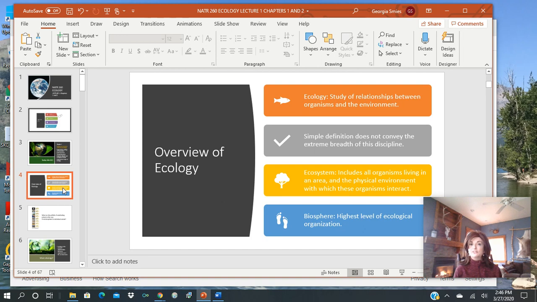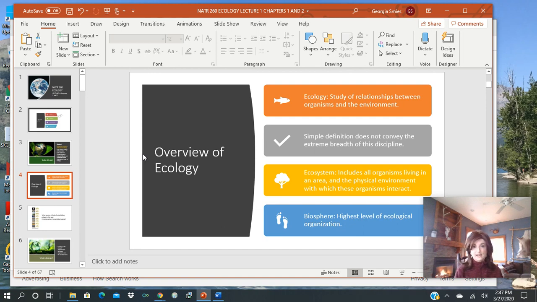The simple definition just doesn't really begin to evoke just how complex it can be to look at entire populations and communities of animals and plants and how they interact. It's getting easier. There's new techniques and new technologies that are coming online that really help, but it's not an easy study.